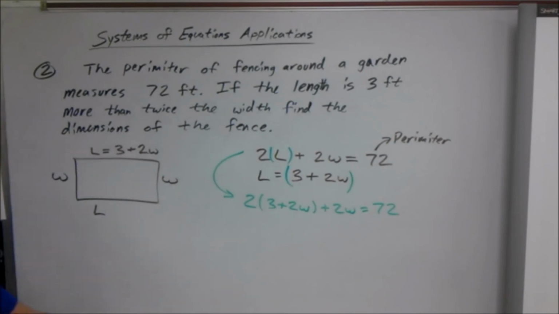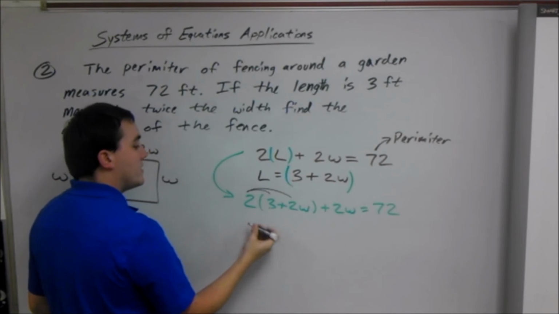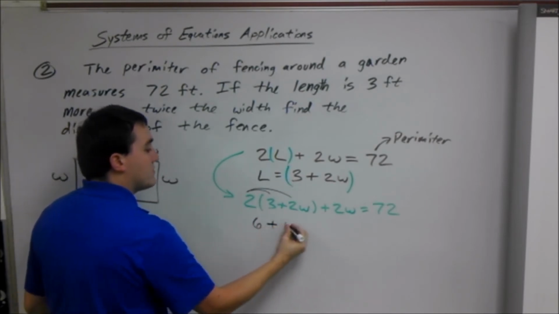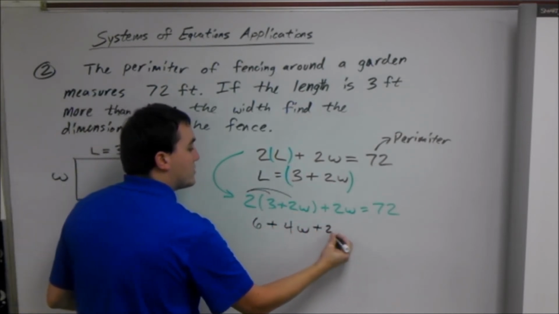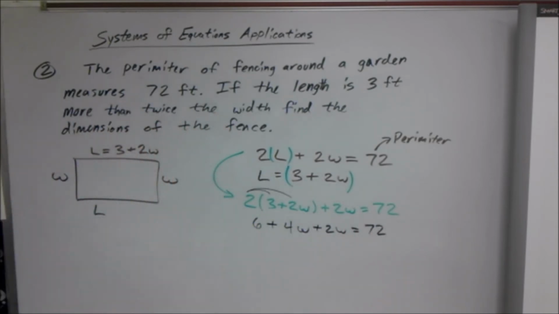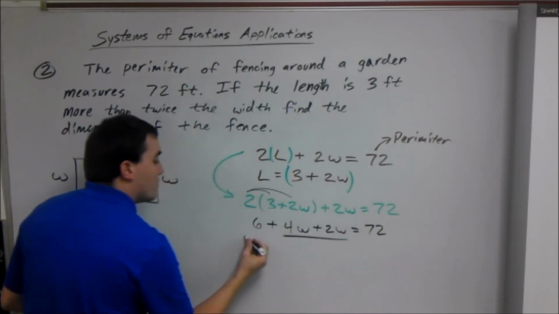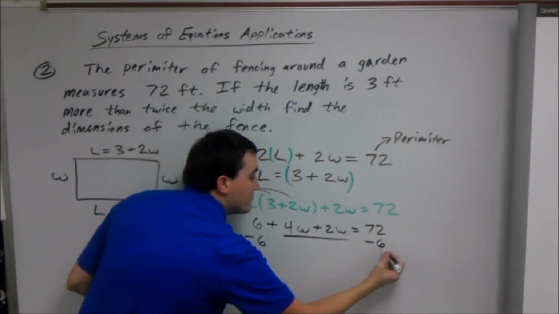And then we just distribute and solve like we usually would. So we distribute, that becomes 6 plus 4w plus 2w equals 72. At the same time, we can add like terms and move this 6 to the other side.